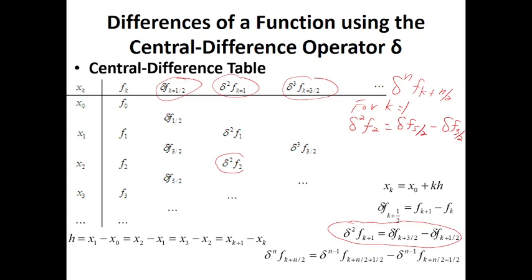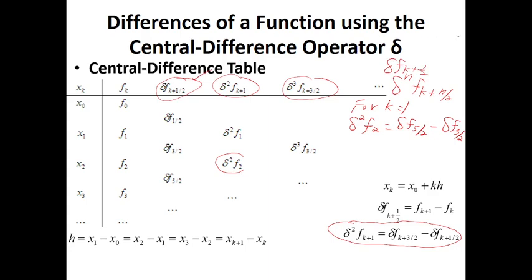For example, I'm interested in finding the first central differences of the function. Therefore, n is 1. So this will become delta f sub k plus 1 half. So this is obtained.